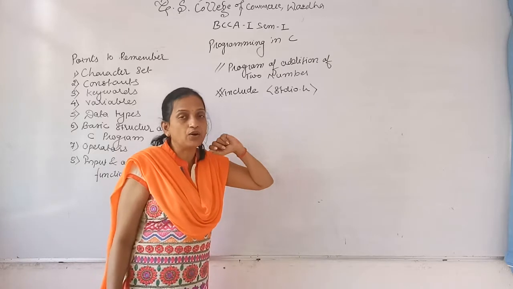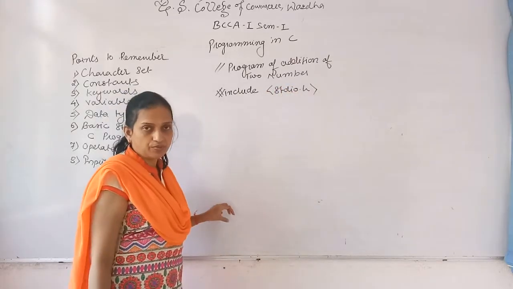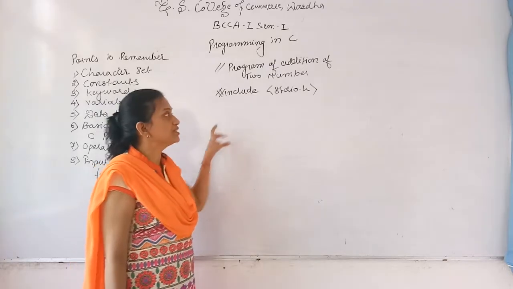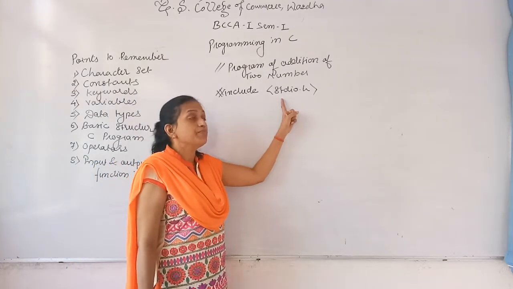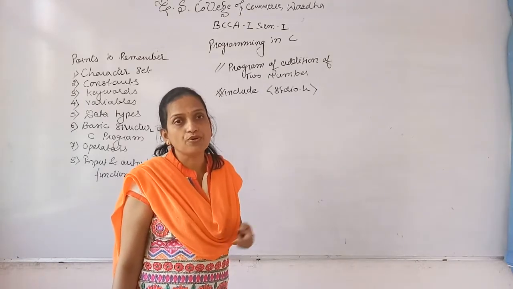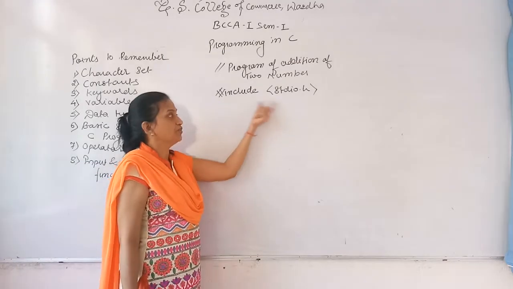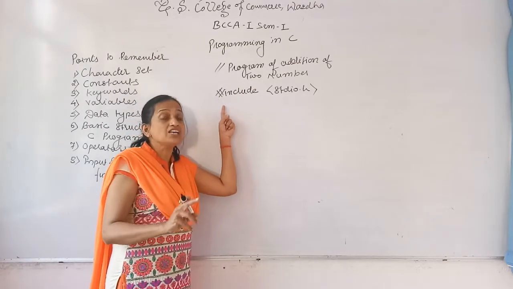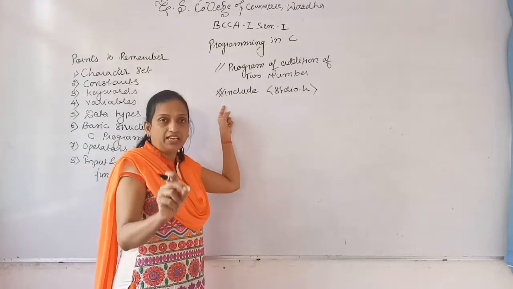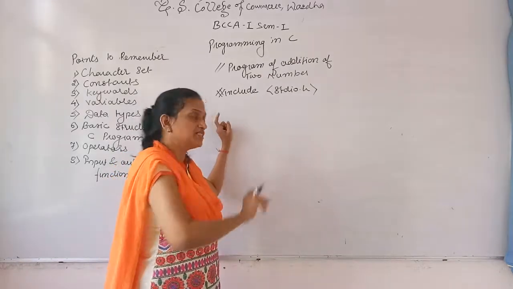So we include this file with our program. Why? Because we are using some standard input and output functions in our program. Okay, so #include: hash establishes the link with that particular file which is already stored in the C library.